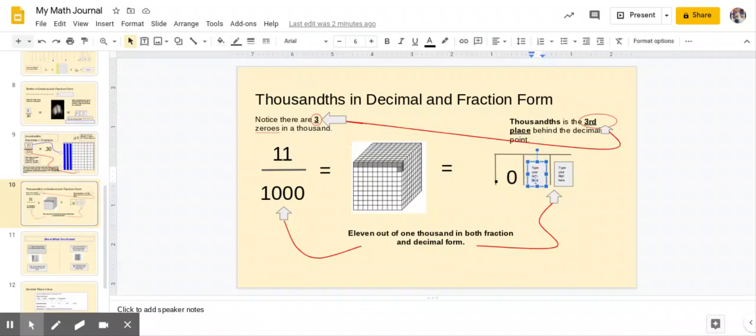So we're going to put our 1 here. Let's make that bigger so we can see it. Okay, and here so that we have 11.